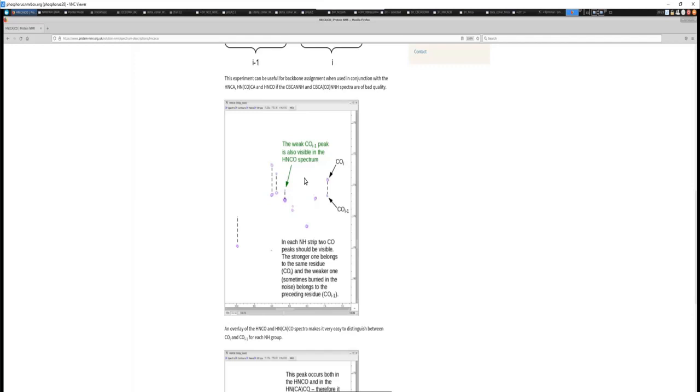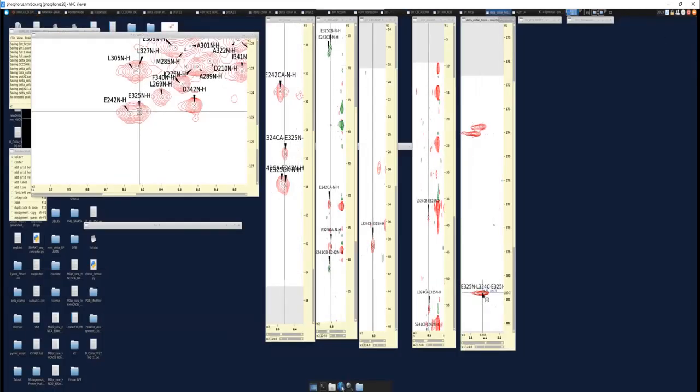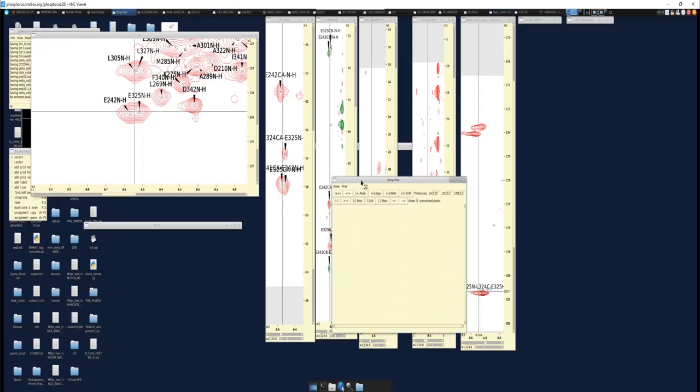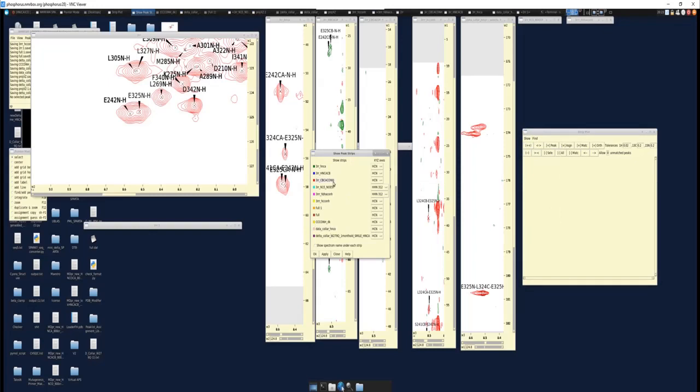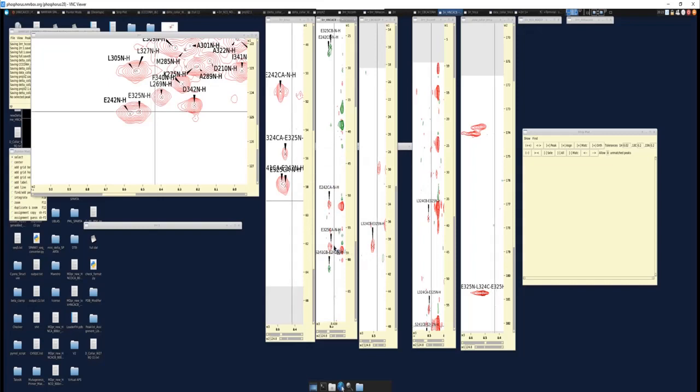So for example, if you wanted to search for the I-1 amino acid, you would use your HNCO peak and you would search the HNCACO. So for example, I would pick my HNCO, I would do a strip plot, I would go to show, and I'd pick, like I said, I don't have it, but I would pick the HNCACO to search. And that would be searching using the I-1 carbonyl.